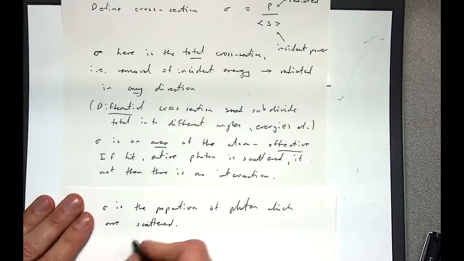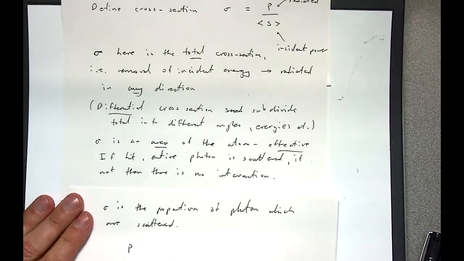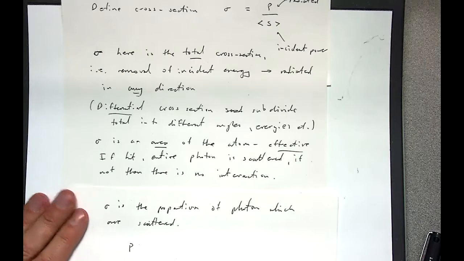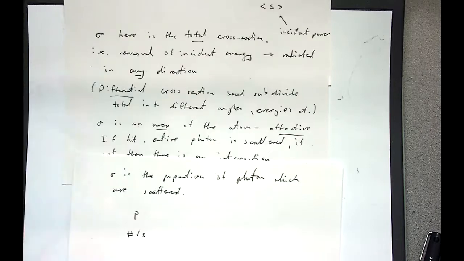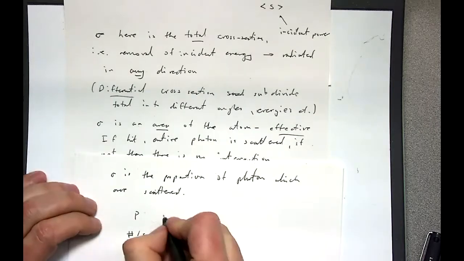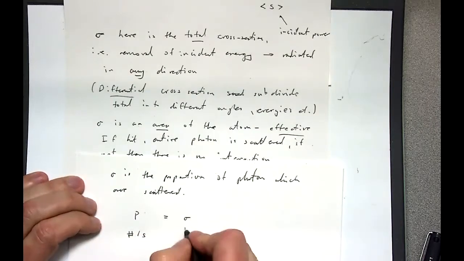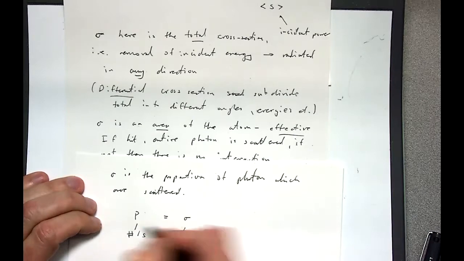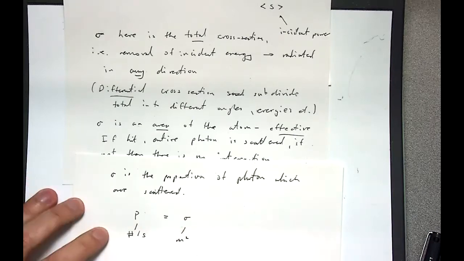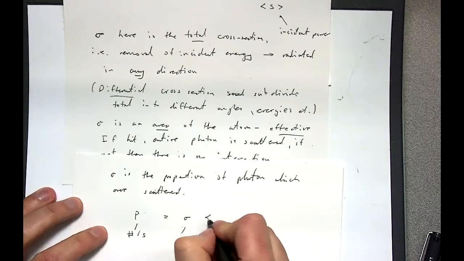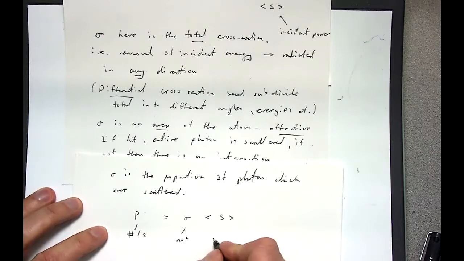So P, power, which we can think about as number of photons per second, is equal to an area, which is in meters squared, say. Obviously it's a lot smaller than that. Times the incident power, which can be thought of as being a number of photons per meter squared per second.